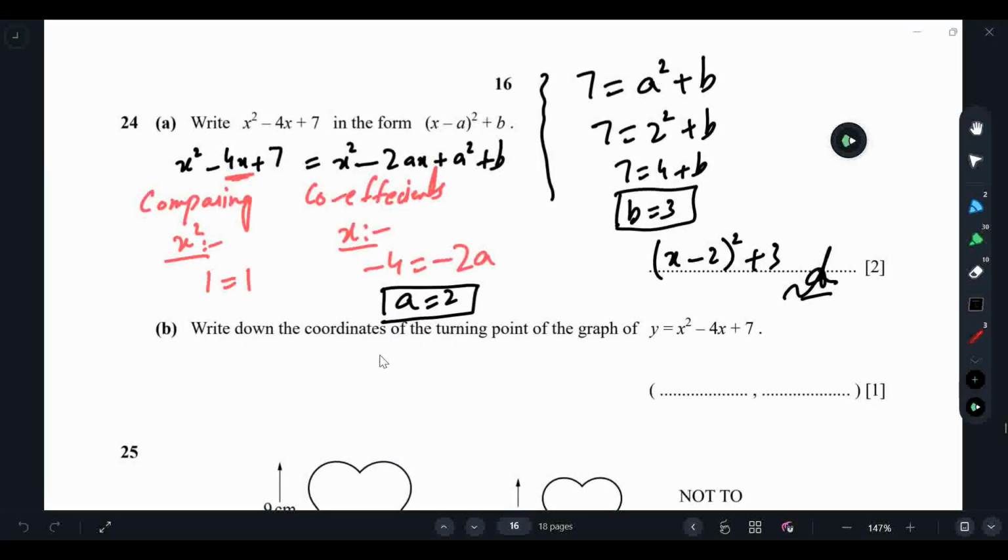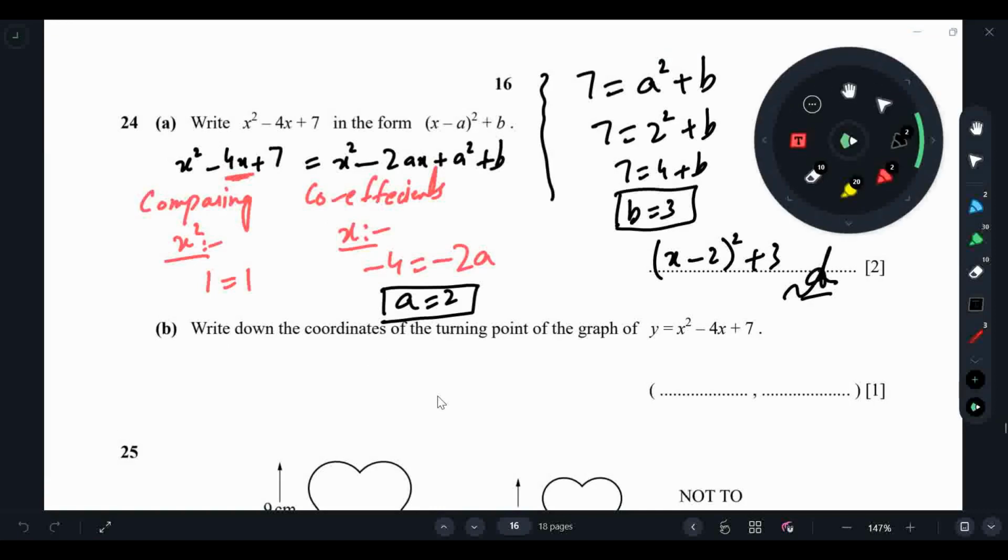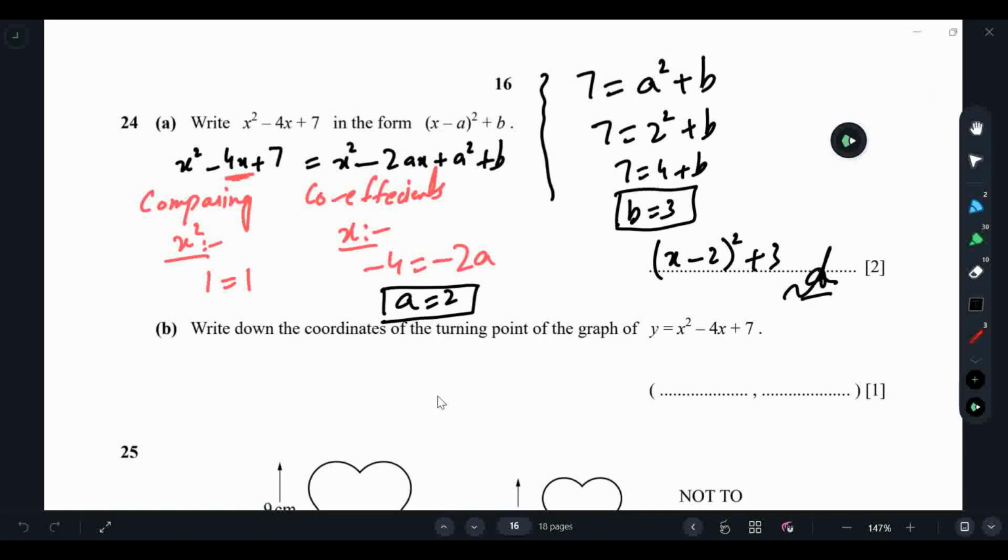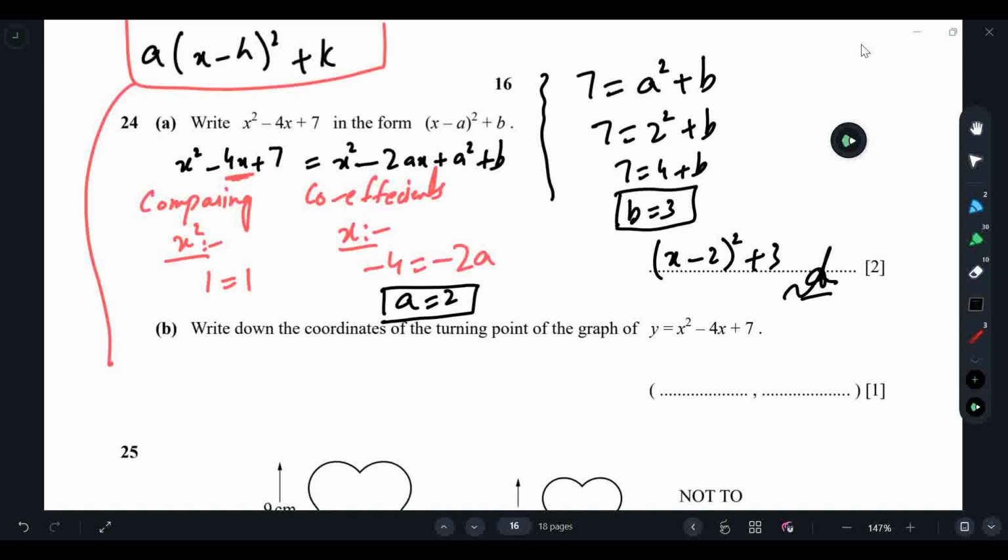B part, write down the turning point of the graph. We know that for the turning point of the graph, we need to compare it with this form, x minus h whole square plus k. Now in this form, we can say that h and k are the coordinates of the turning point or stationary point.